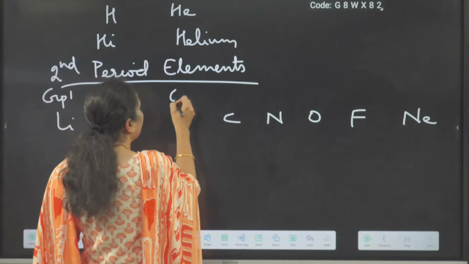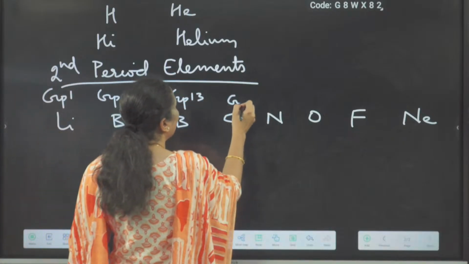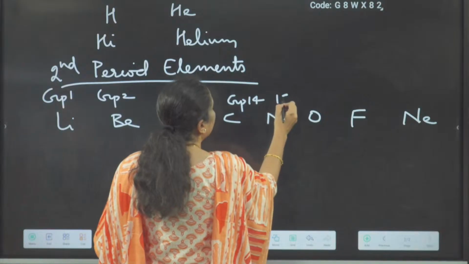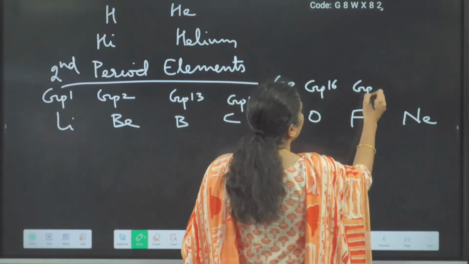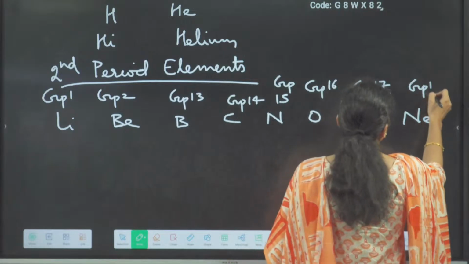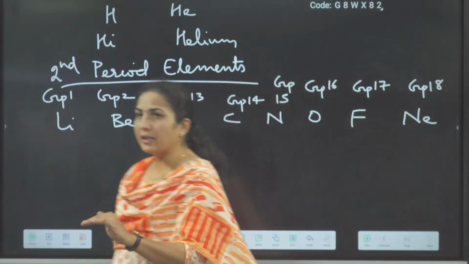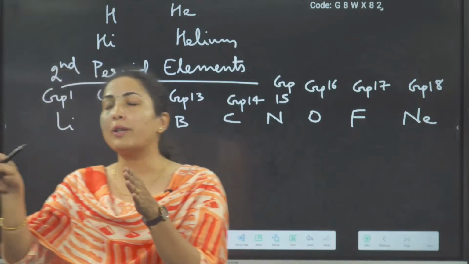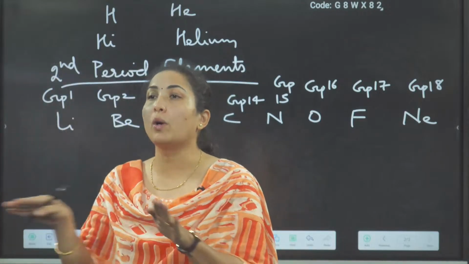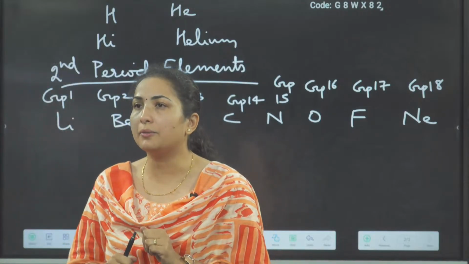These all are group 13, group 14, group 15, group 16, group 17 and group 18. We have already seen their names, so I'm not repeating it here. Now, how do you write down all these elements in one line? That is also the main target here, okay?